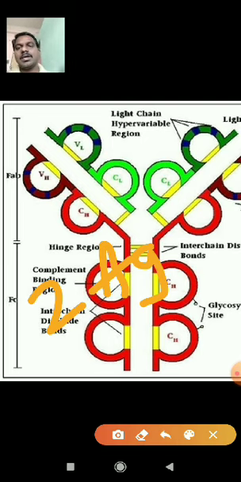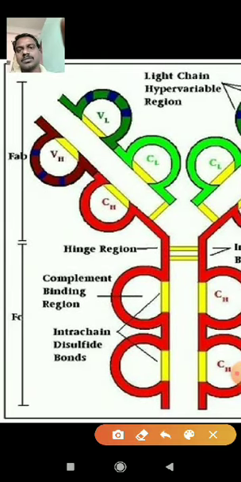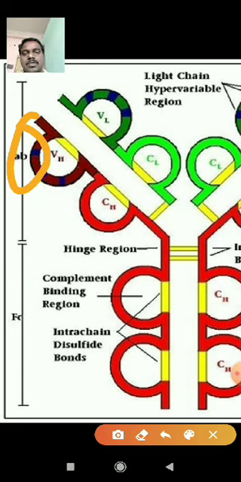We call this the FAB portion or FAB pot, the fragment antigen binding pot.